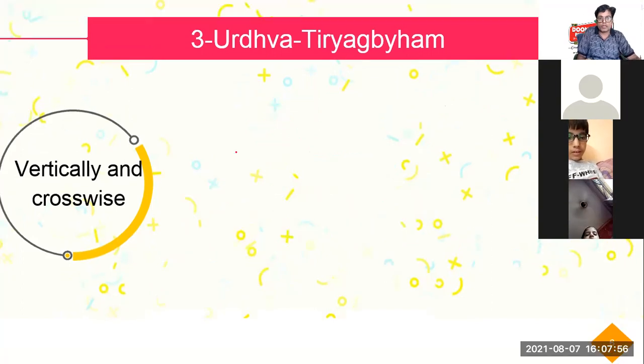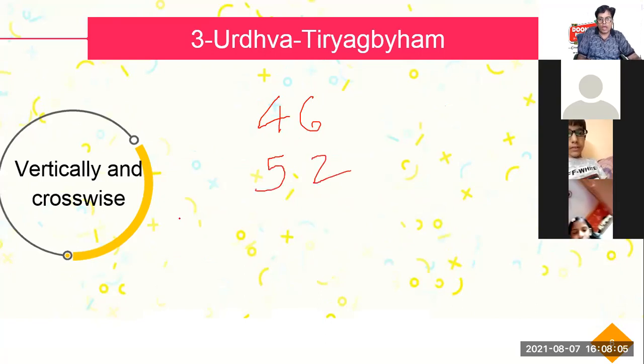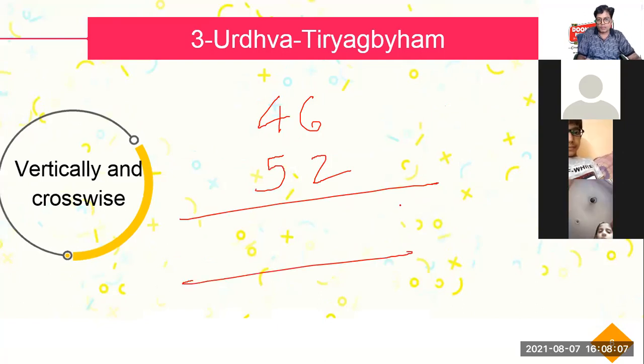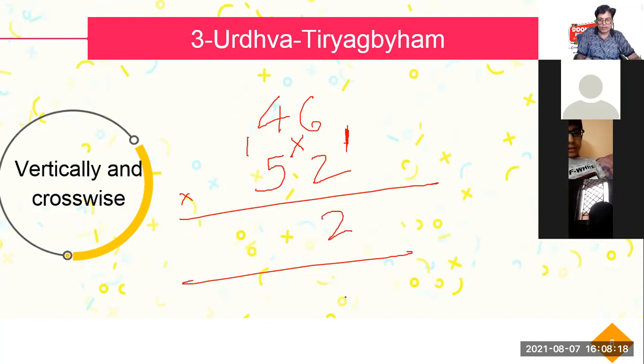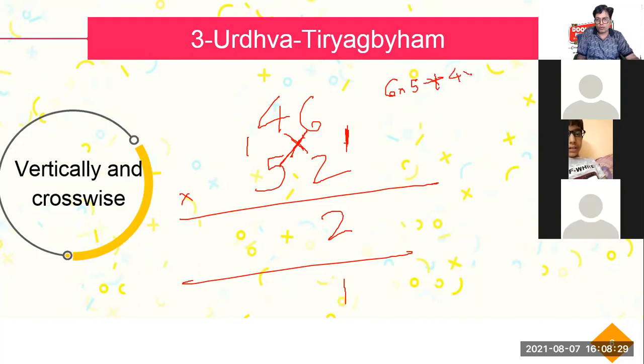Okay, now see, 46 into 52. Now multiply it by this method. 1 cross 1. 6 twos are 12, carry over 1, cross multiplication add. 5 sixes are 30, 4 twos are 8. 5 into 6, 30, plus 4 into 2, 8, 38, and plus 1 will be 39.